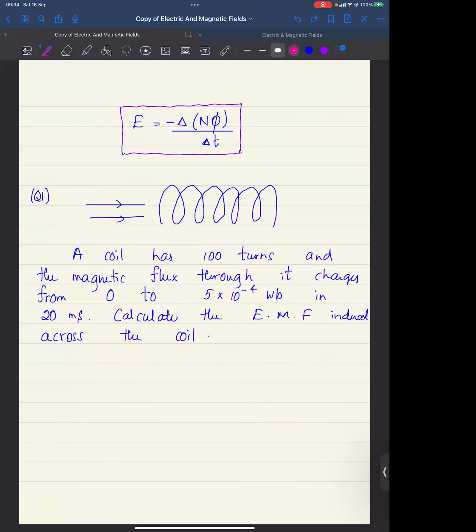A coil has 100 turns and the magnetic flux through it changes from 0 to 5 into 10 to the power minus 4 Weber in 20 milliseconds.